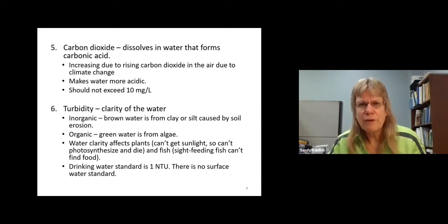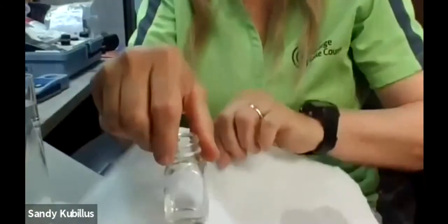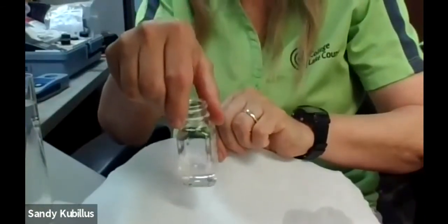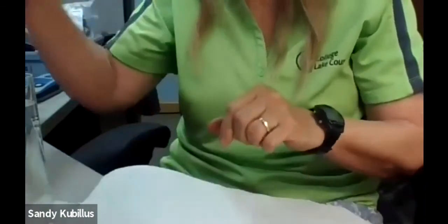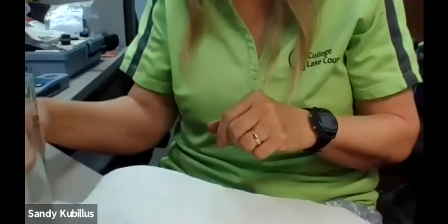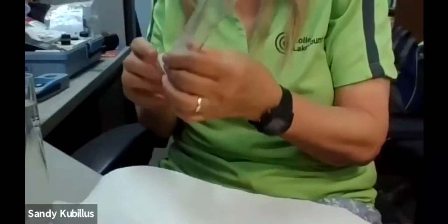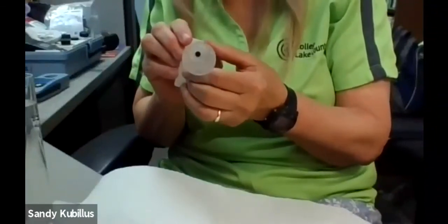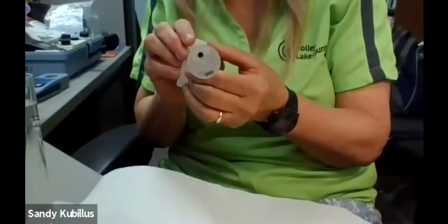So let me stop sharing my screen for a second. This was the carbon dioxide sample, and it looks pretty clear. You can see it has a very slight pink to it. So carbon dioxide is a very minor change. It's difficult to see. Now, the turbidity has a dot in there, and that is like a little Secchi disc.